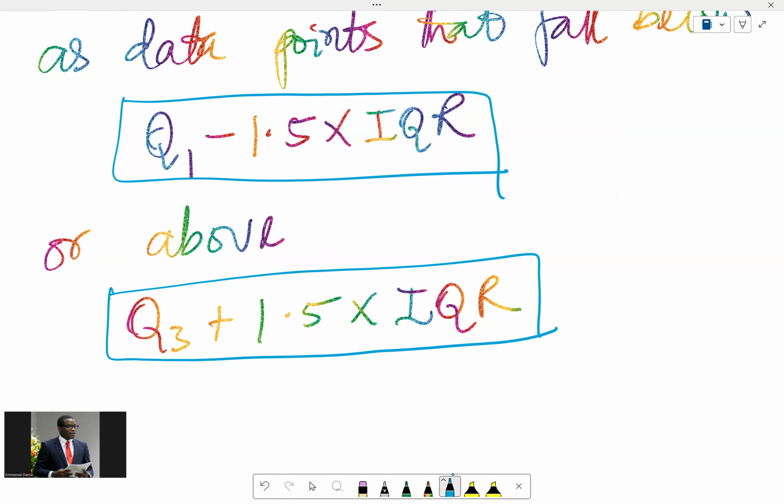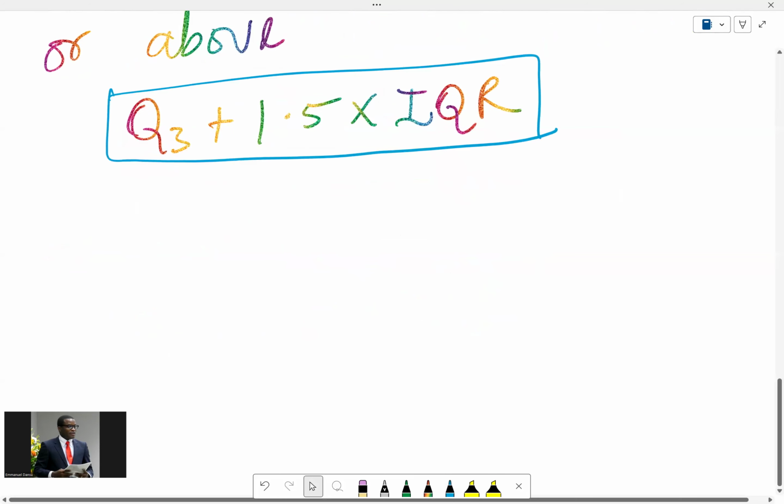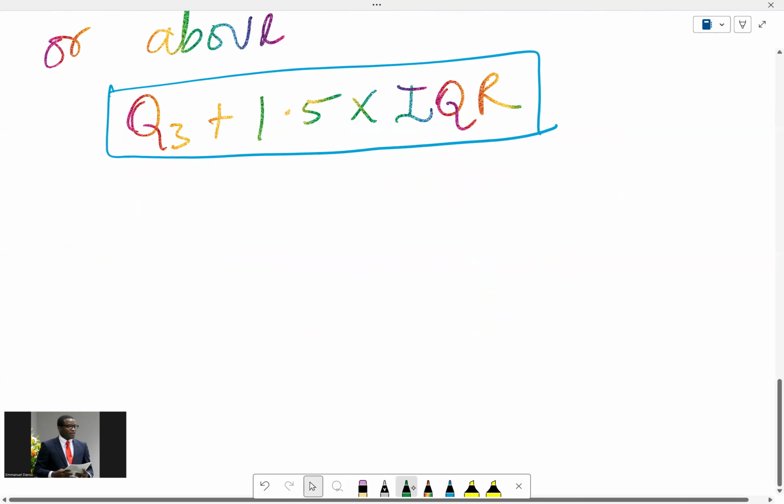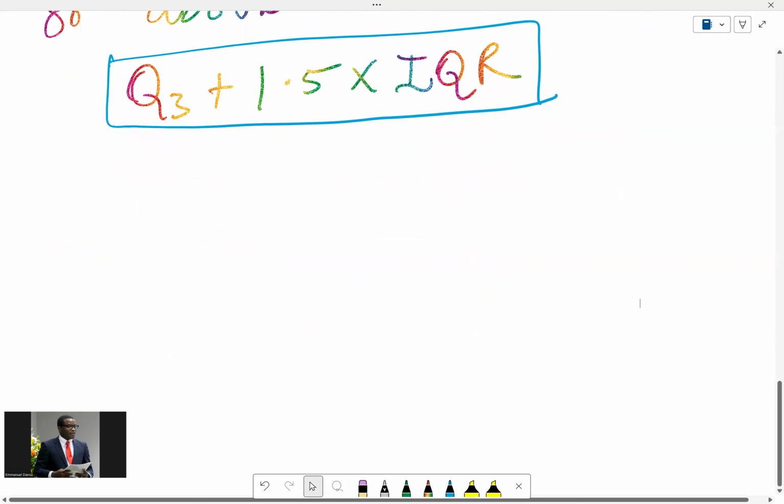Let's use both grouped and ungrouped data to check for some outliers. Let's start with ungrouped data.